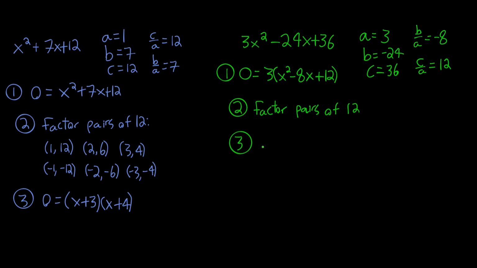So then the question becomes, what are the factor pairs of 12 that are going to add to equal negative 8? And you can see that negative 2 and negative 6 are going to be those, right? So we're left with 0 is equal to 3, x minus 2, x minus 6. And remember that this is just following the form 0 is equal to a, x minus r, x minus s that I showed earlier in this video.